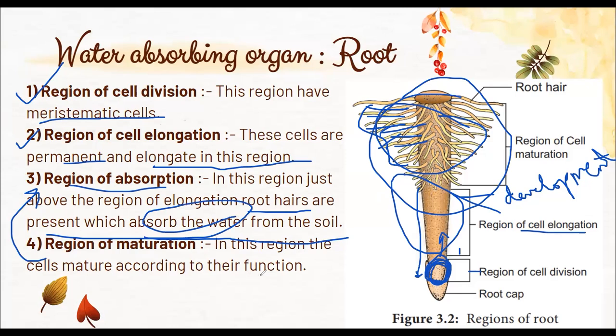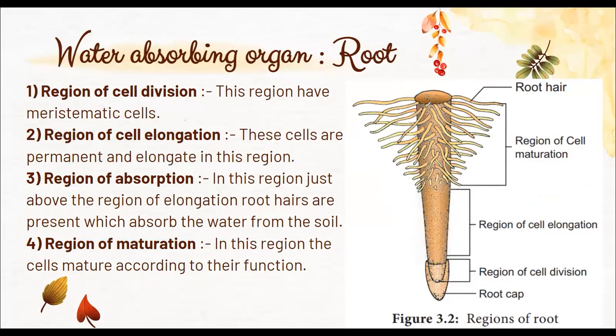Okay, and the region of maturation is where the cells undergo maturation. Basically, it is this region only where they go through complete maturation, and now they are ready to perform the function of absorption. This whole part is the root, basically broadly divided into three to four regions.